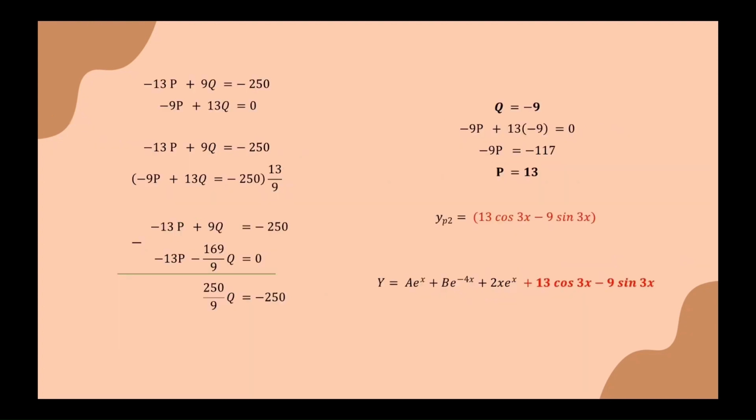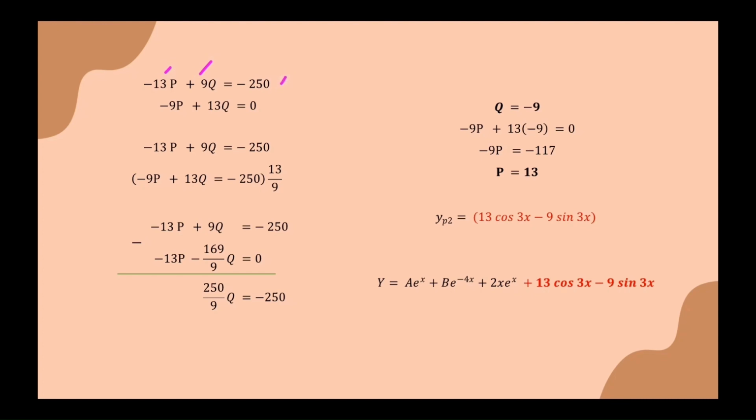Now we have extracted our equation for negative 250, which is okay. This is the simplified equation which we extracted from the equations earlier, which is negative 13p plus 9q equals negative 250.